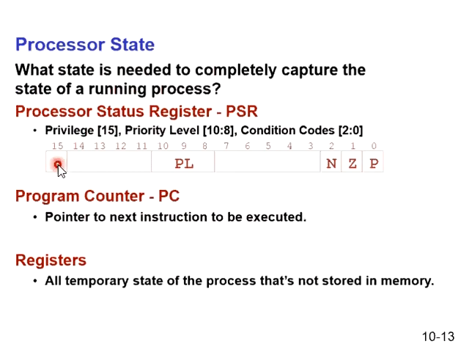When the privilege is 0, you are in supervisor mode, and when it's 1, you are in user mode. And we have 3 bits for priority level, from bit 10 to bit 8. And there are 3 bits for condition codes over here. And besides, we have the program counter PC. When we go to the interrupt service routine, besides we have some registers.